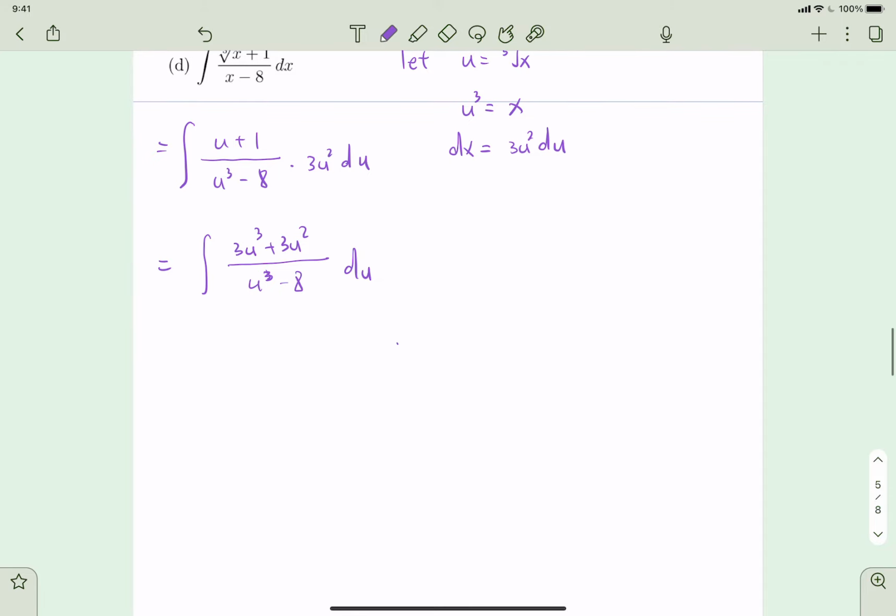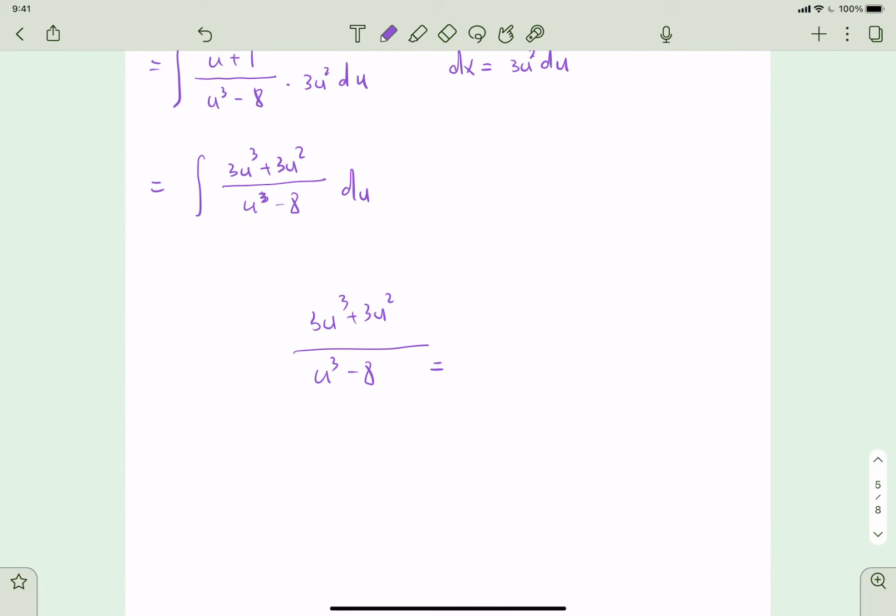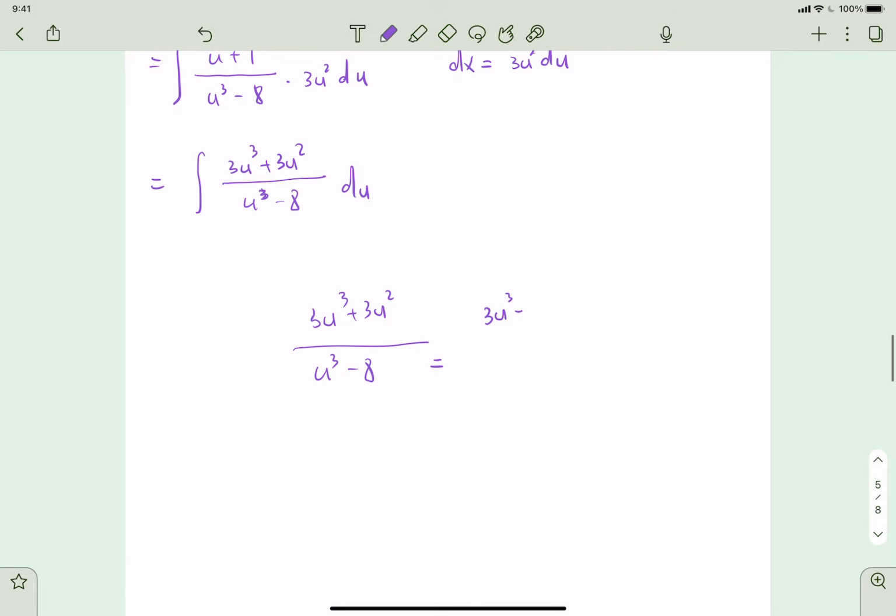Reduce the power. 3u cubed plus 3u squared divided by u cubed minus 8 can be written as 3u cubed minus 3 times 8 plus 3 times 8 plus 3u squared.